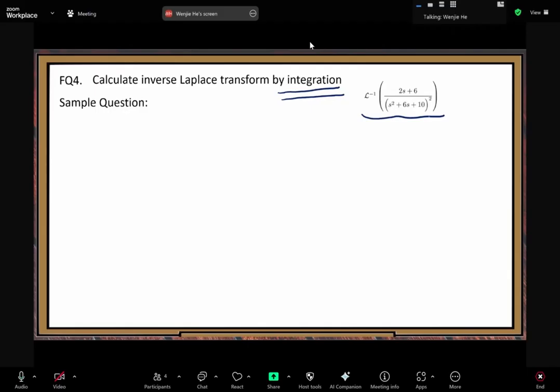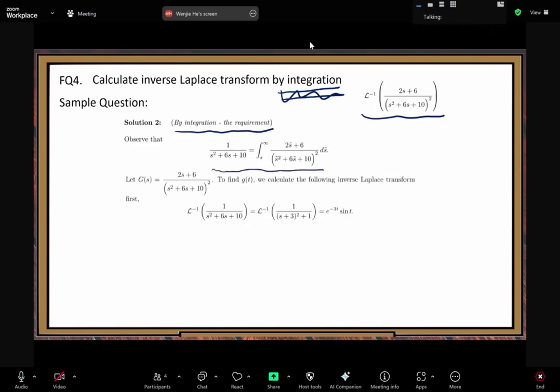The first solution is not by this integration formula, but the second one is. So here I took the second solution, following the requirement. We have this formula, then the g function is that. So this is the g function.